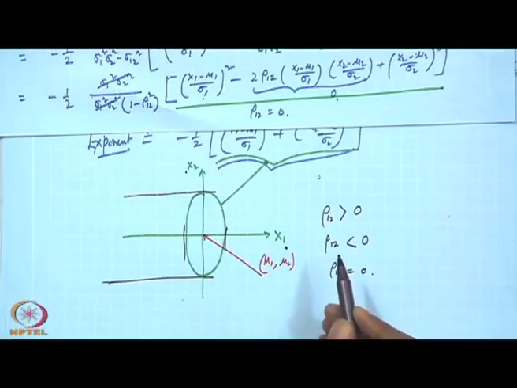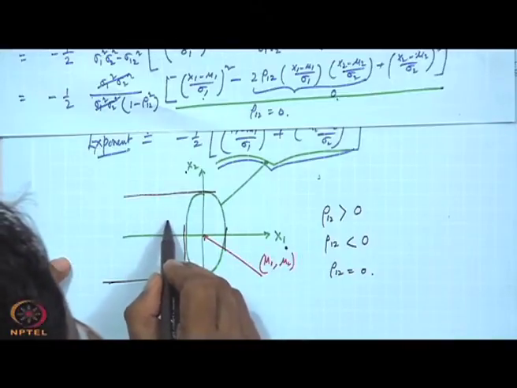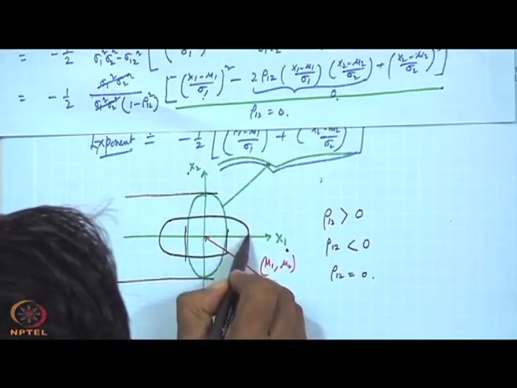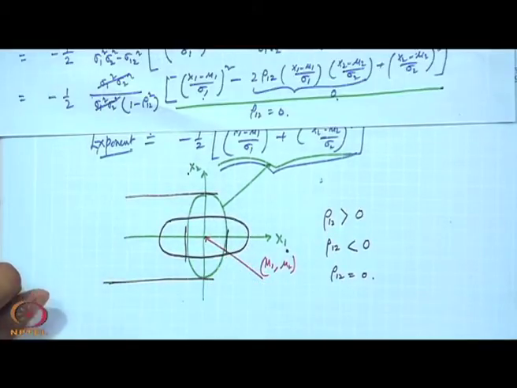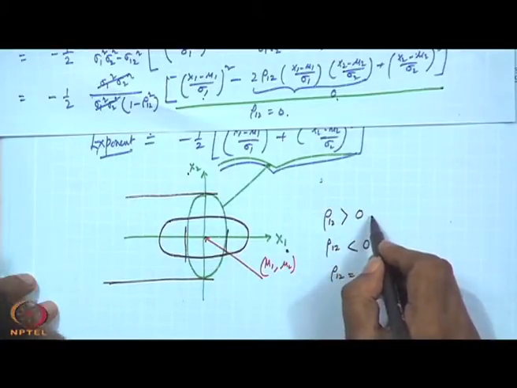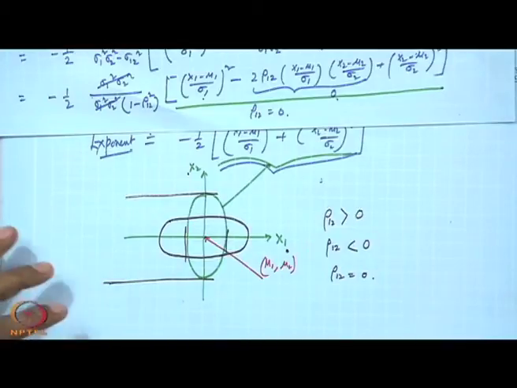If the variability along x 1 is more, but they are independent, then your ellipse will become like this. Keep in mind they are independent. When rho 1 2 is greater than 0, x 1 increases, x 2 increases like this.